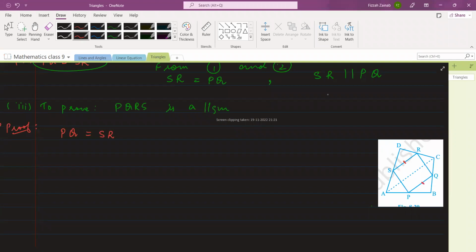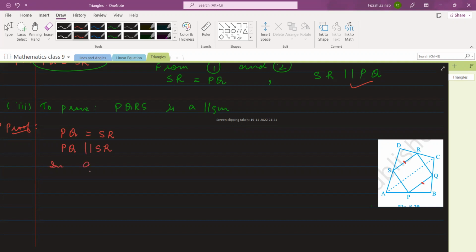And I have also proved that PQ is parallel to SR. Is that okay? Now in this quadrilateral, one pair of opposite sides is equal and parallel. Therefore, it's a parallelogram. Understand?